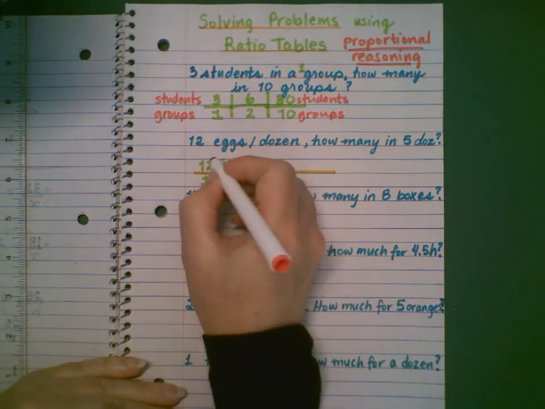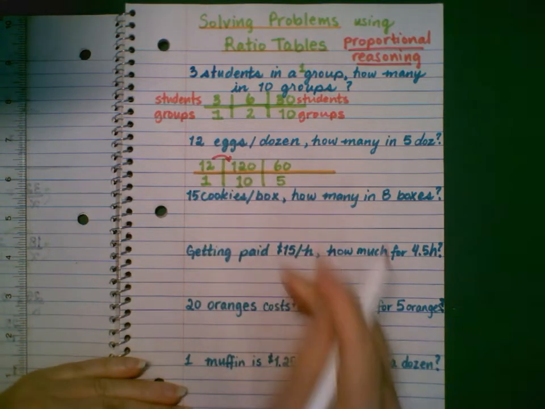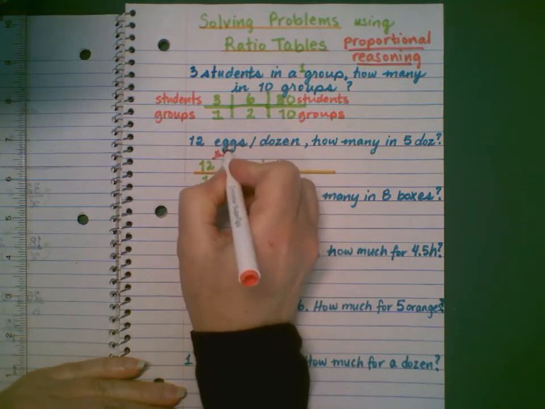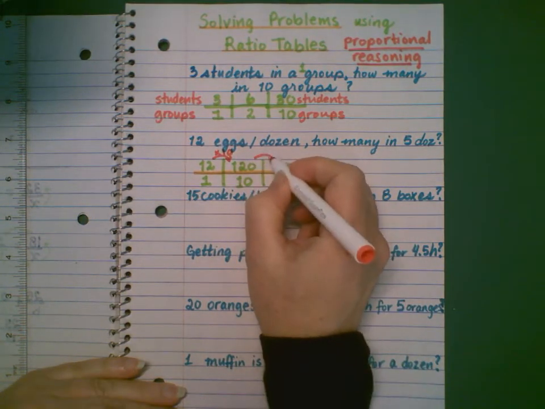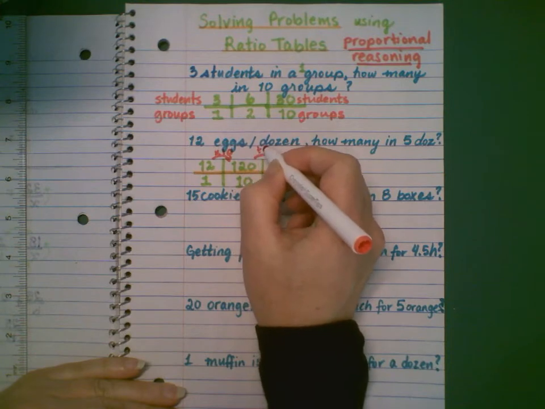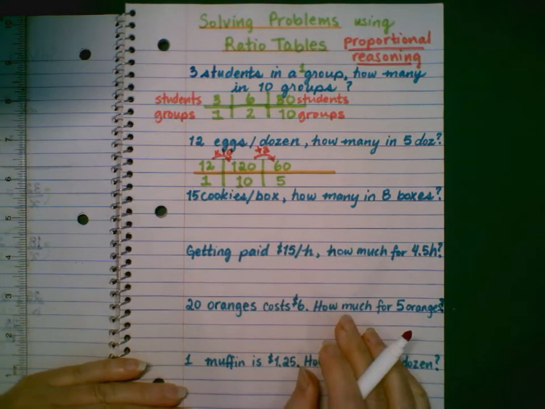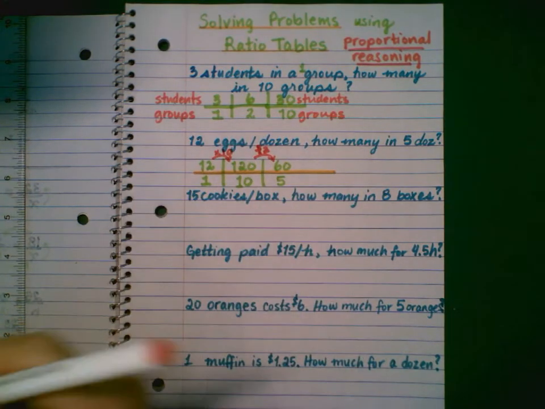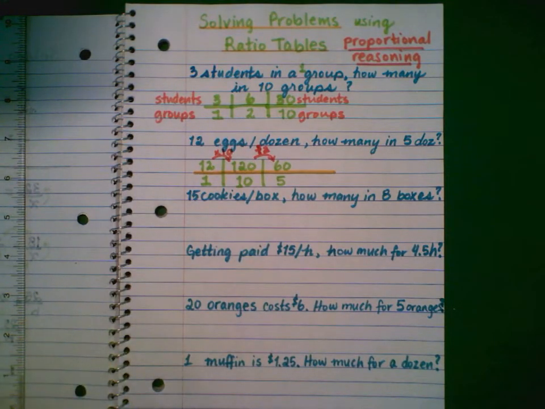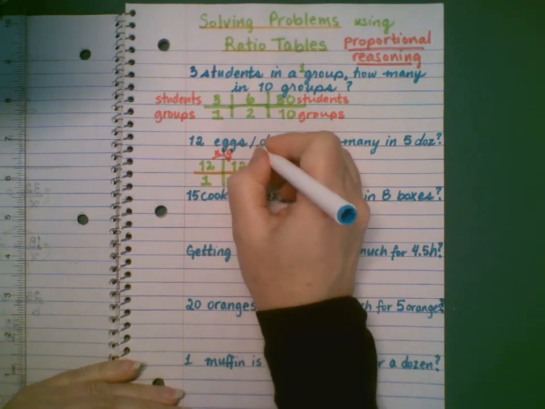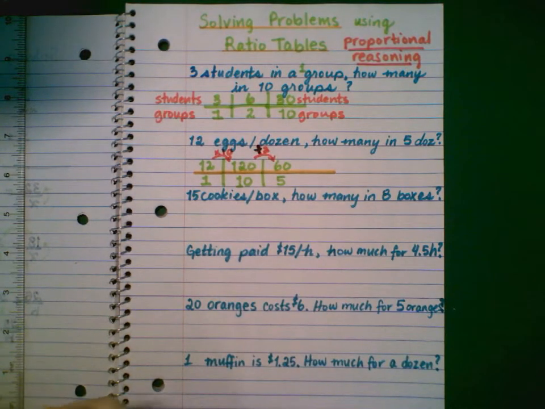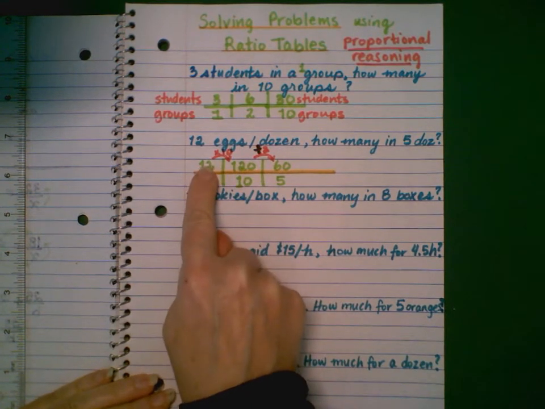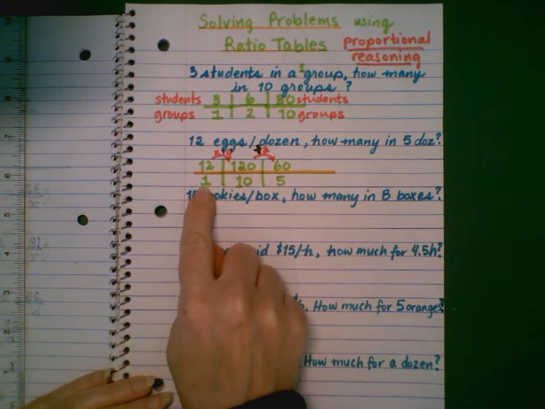So the operations that I'm applying here for each step of this table, here I did a multiplication by 10, and here I did division by 2. And that operation applies to the top value as well as the denominator in this case.